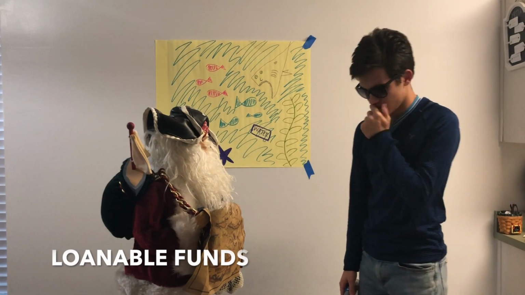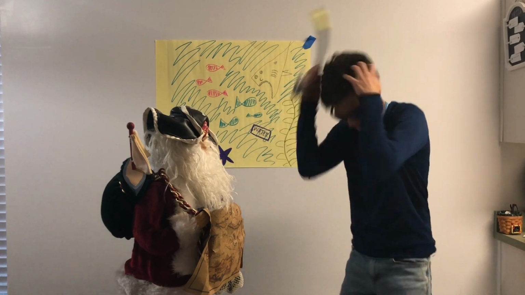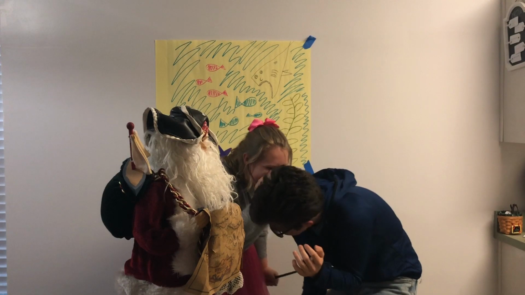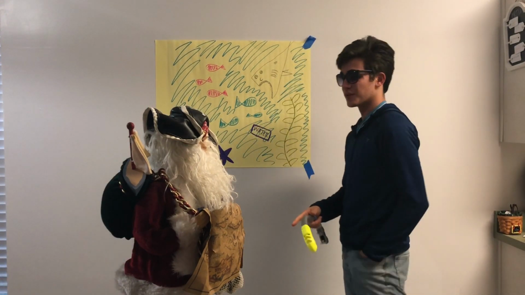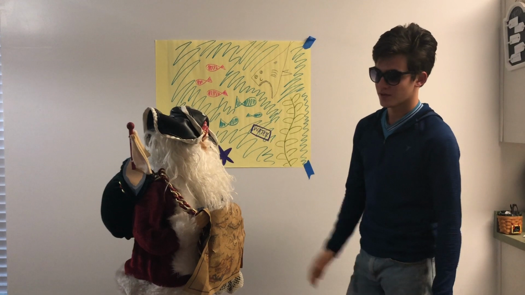First question. What is crowding out? I have no idea. You see, crowding out is when the government is running expansionary fiscal policy, so they have to borrow a lot of money from the banks.